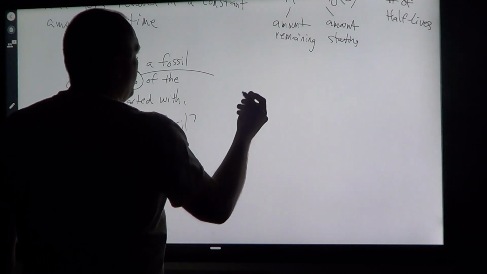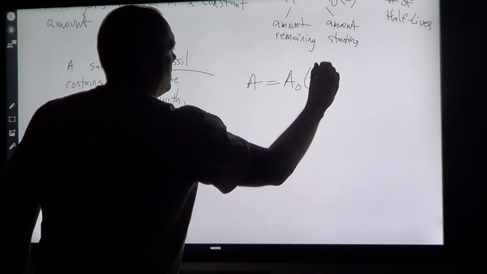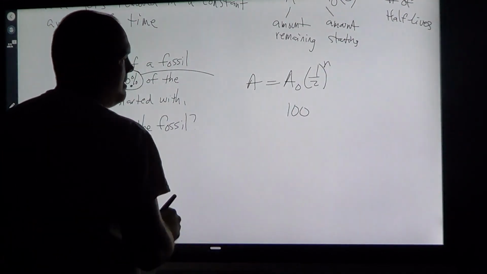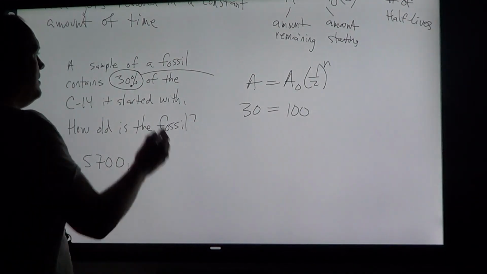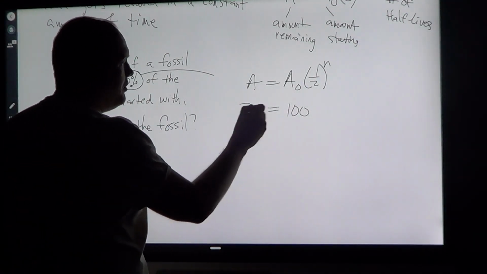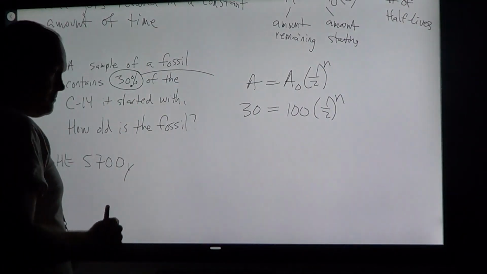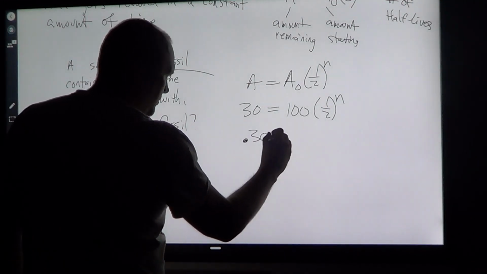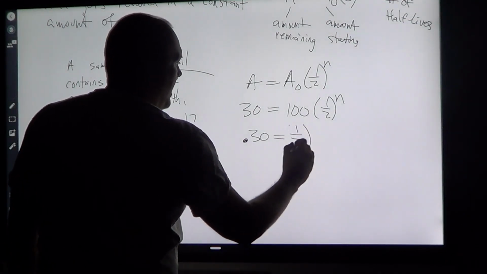So if we assume that we started with 100 grams, then we would only have 30 left at 30%. You can pick any numbers you want, just pick them so that this is 30% of that equals 1/2 to the n. To solve for n, we got to bring this over. So 0.30, which again is your 30% written as a decimal, equals 1/2 to the n.